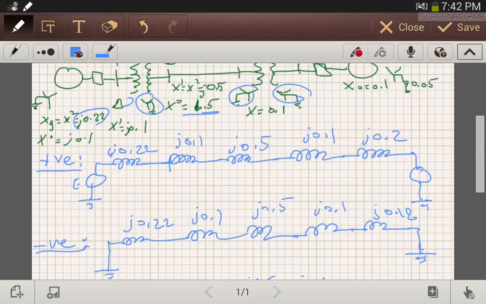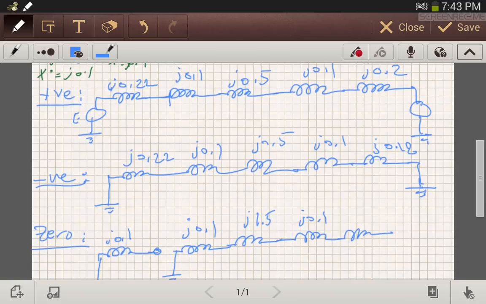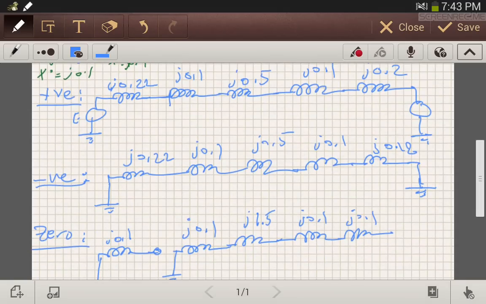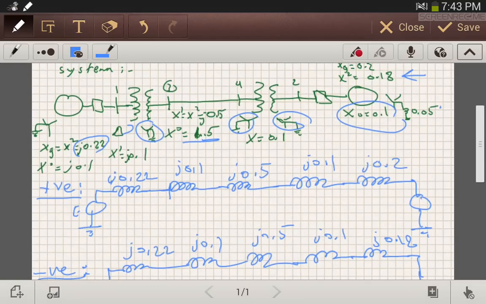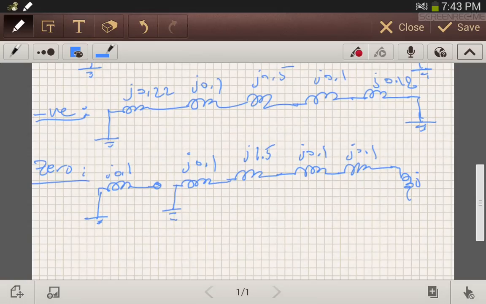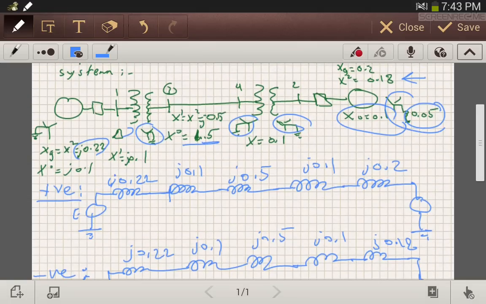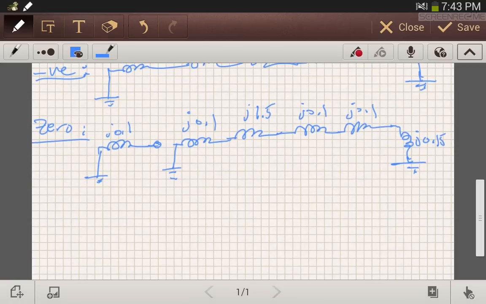Then for generator number 2, the zero sequence is 0.1, and then the neutral reactance, which is J.05, multiplied by 3, it's J.15. Then it is grounded, since this generator is grounded through the impedance. So this is the zero sequence reactance.